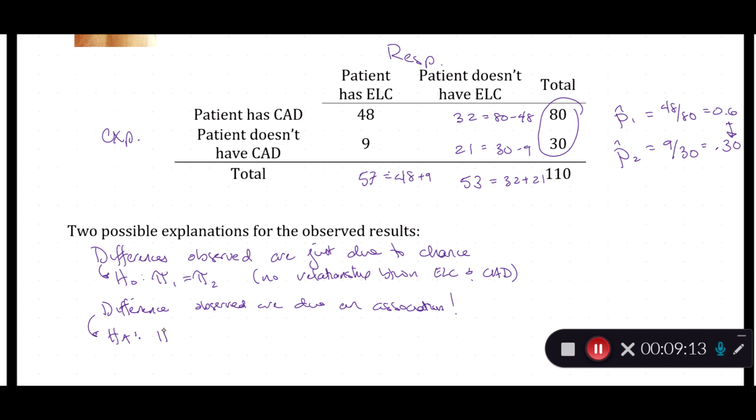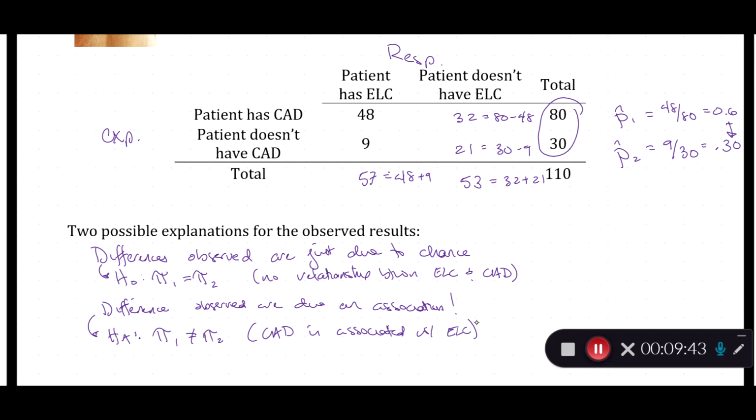That would mean that pi1 does not equal pi2, that there is an association that systematically means that these two proportions in the population are not the same. That would mean that having coronary artery disease is associated with having an earlobe crease. And that means that having an earlobe crease or having coronary artery disease changes the probability of having the other.